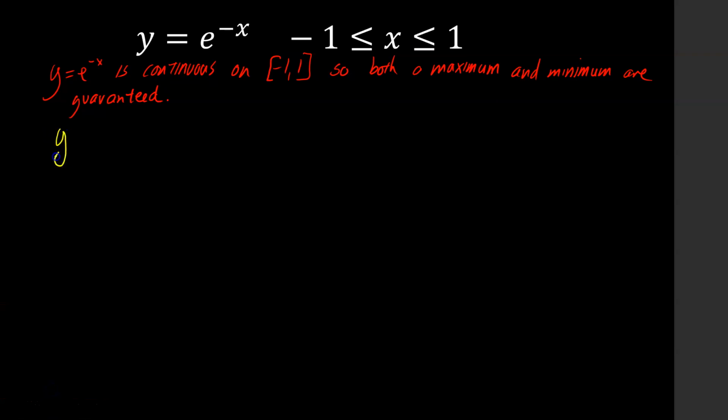Critical values are ones that make a derivative equal to 0. So the derivative of e to a power is e to that same power. This power is a negative x, so we also need to multiply by -1. Okay, so let's let y prime equal 0. By the way, y prime is never undefined.